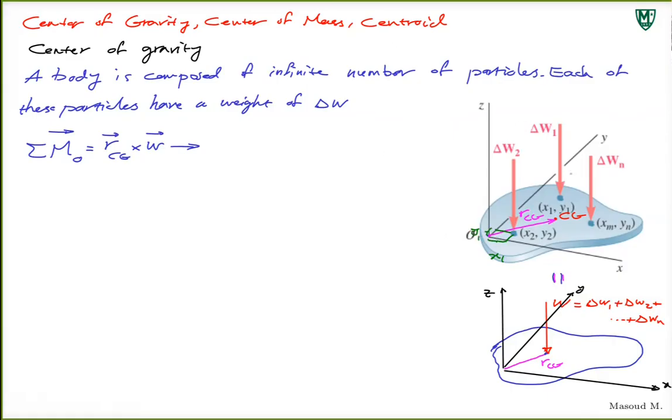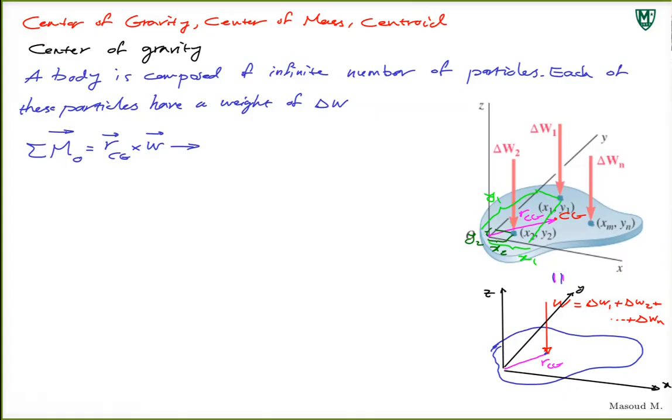For W2, this should be X2 and Y2. Should be X2, should be Y2. This should be Y1, and this is X1.